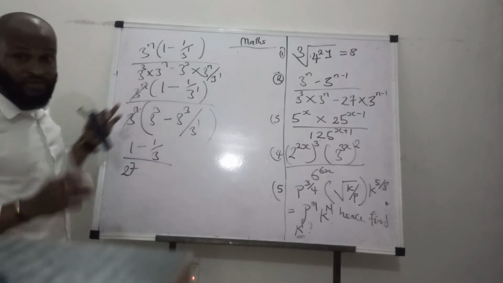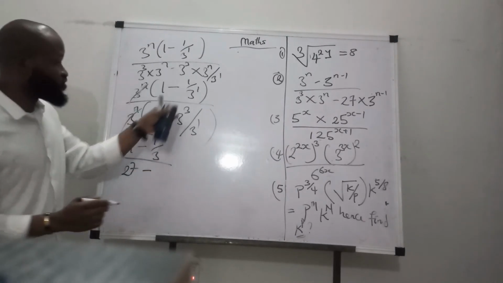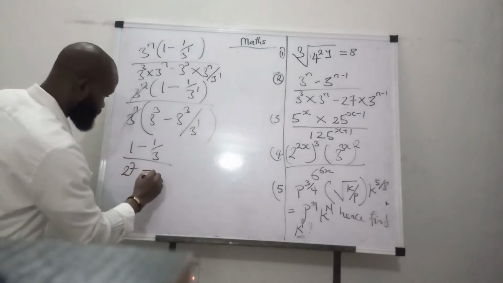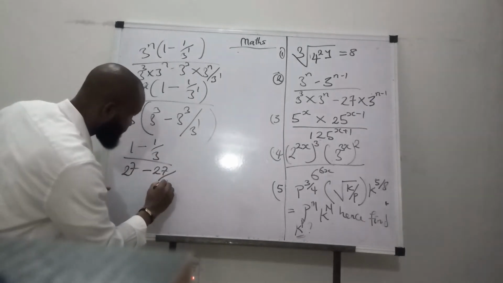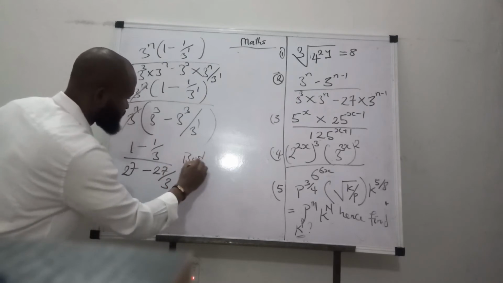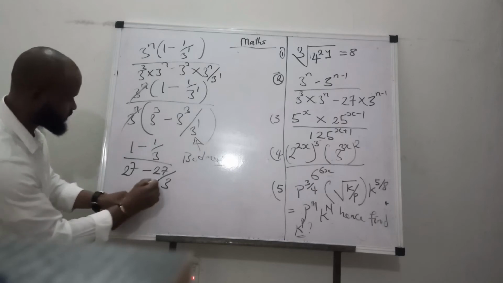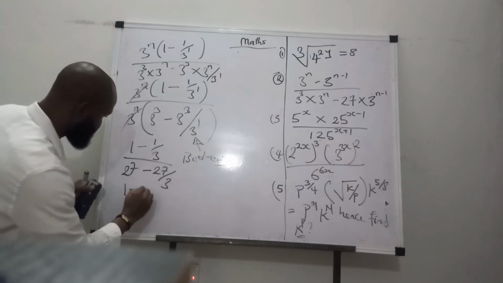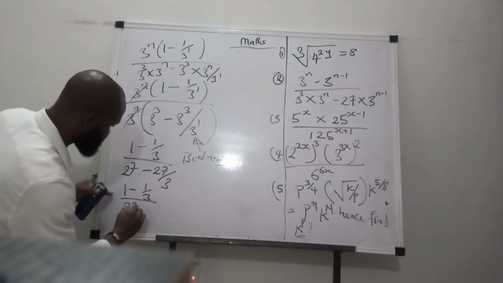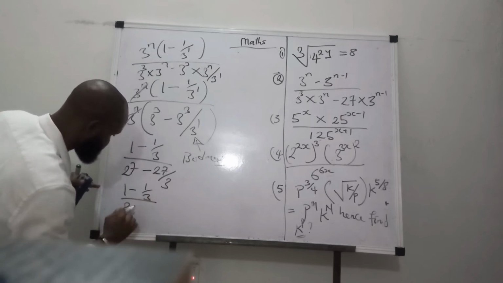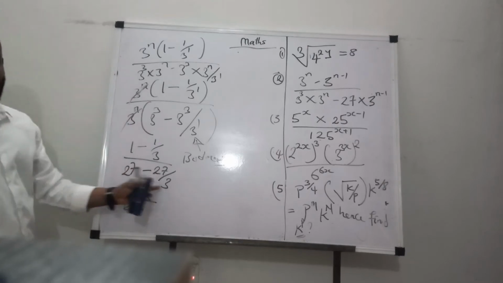3 raised to the power of 3 is 27, correct? Yes. 3 raised to the power of 3 will give you 27, all over 3. Now, remember BODMAS. So we have to apply it here to give us 1 minus 1 over 3, all over 27 divided by 3, which will give you 9.